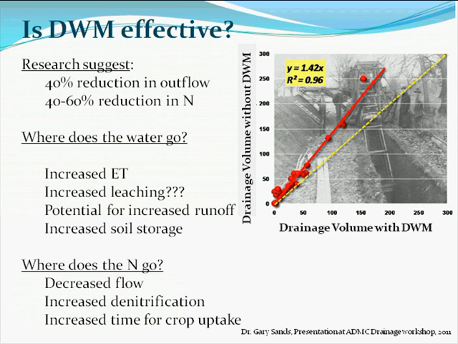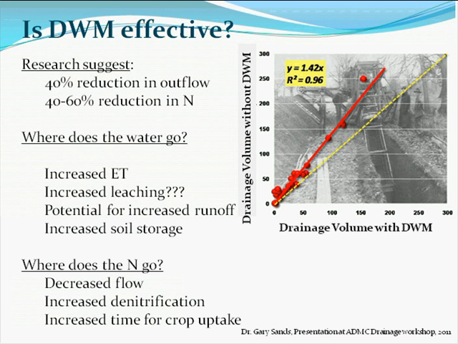I have asked some of our experts, particularly in the upper Midwest, some of the faculty at the universities. They argue that the increased leaching is not a factor because, after all, these soils have such a low permeability, and because they have drainage problems, so you wouldn't expect leaching to be enhanced under drainage water management.